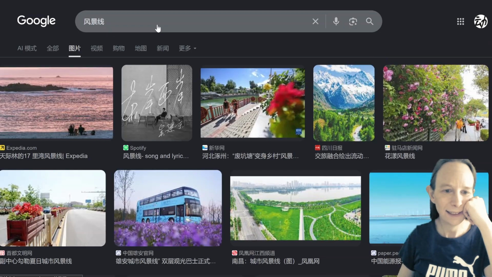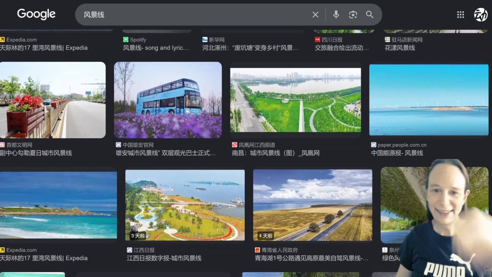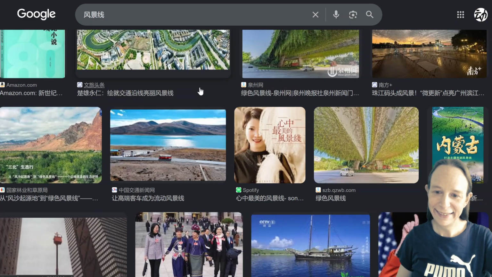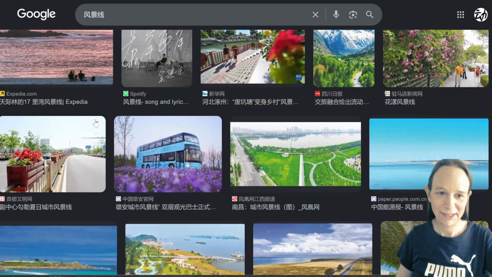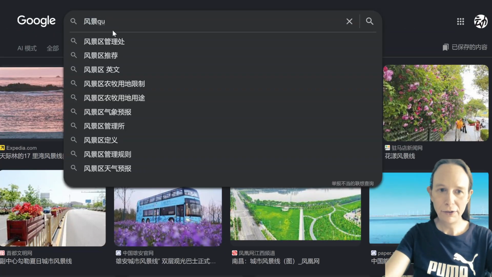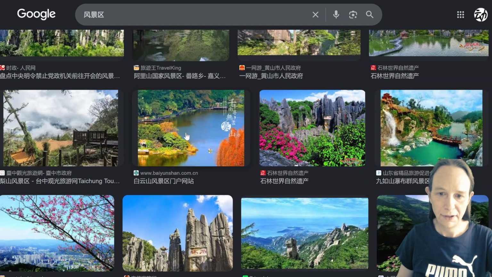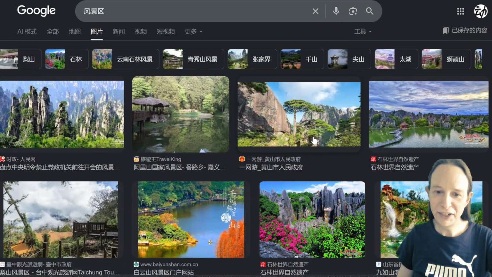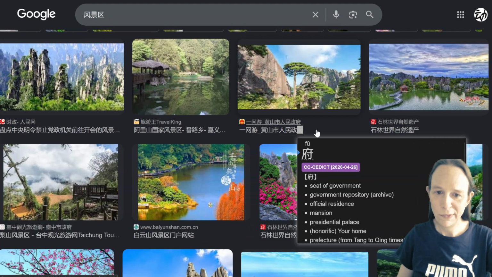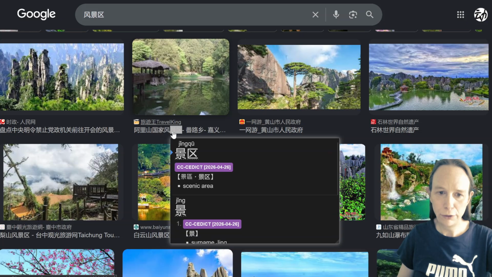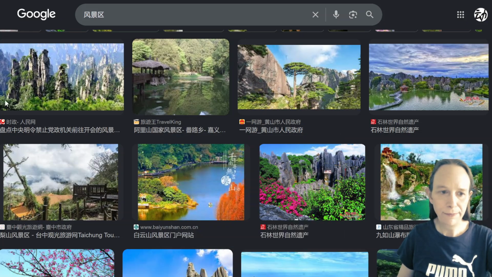It's a scenic strip or something like this. Can't you just go 区域? 风景区, a scenic region. 风景区, or 景区.